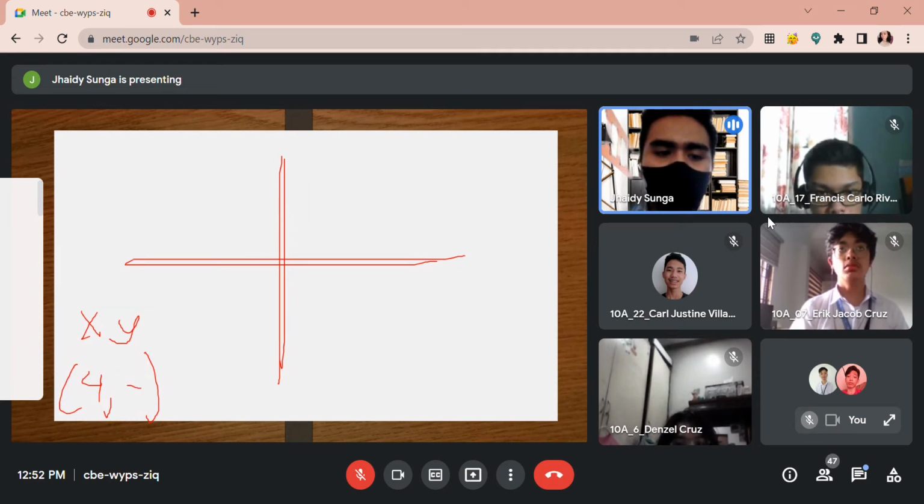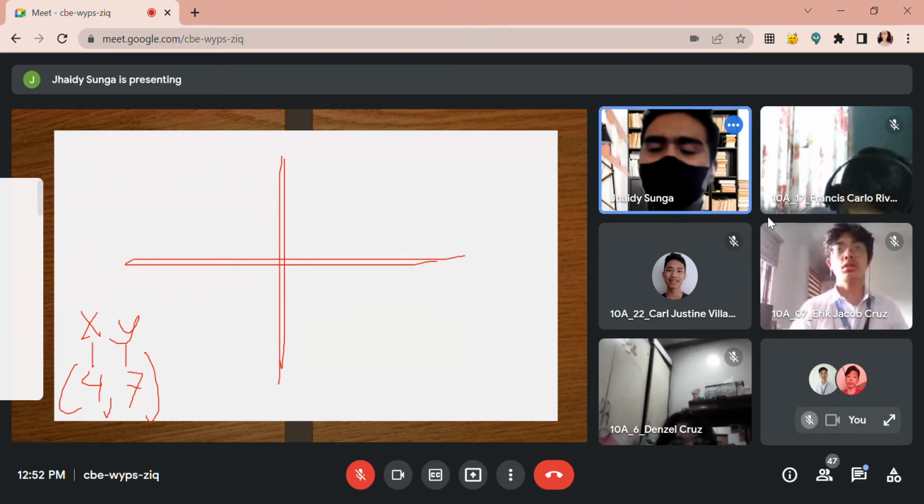We should always know what is x and what is y, because there are still students who are confused about plotting. It is already given that it is positive, but then I see that the plot is here. Then you will see that it is positive, but the plot is here. So what seems to be the problem?